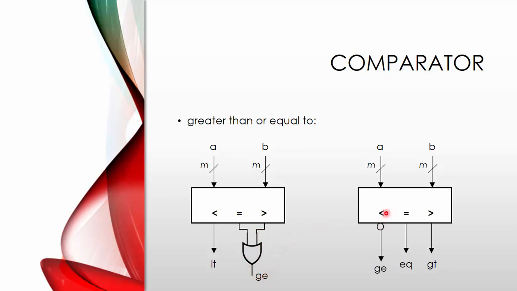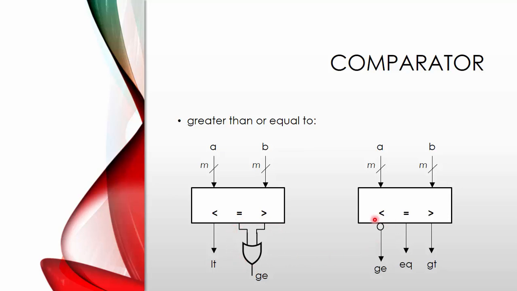But this one is more preferred because this one will require only an additional 2 transistors to create the inverter, but this one will require an extra 4 transistors to generate the combination of the two conditions.